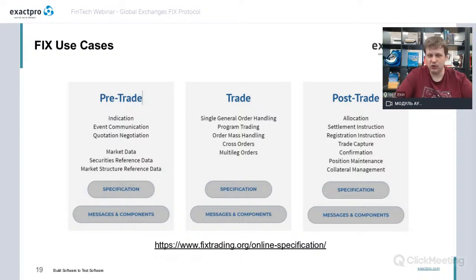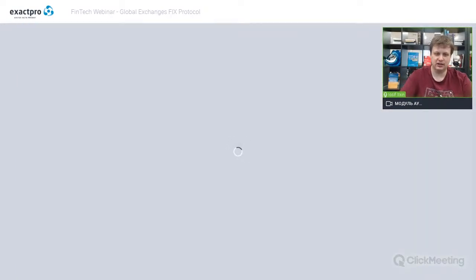Trade is when the order is submitted into the exchange and processed by the matching engine. And post-trade is allocating trades, confirming, creating positions, collateral management, etc.